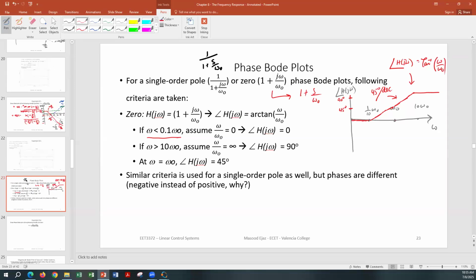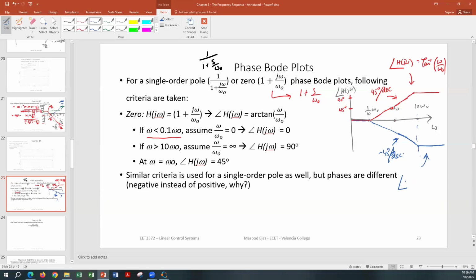That's the Bode plot for this function, and the Bode plot if you have a pole is going to be exactly the same, except it's going to go down, with the slope of negative 45 degrees per decade. So this is for the pole.